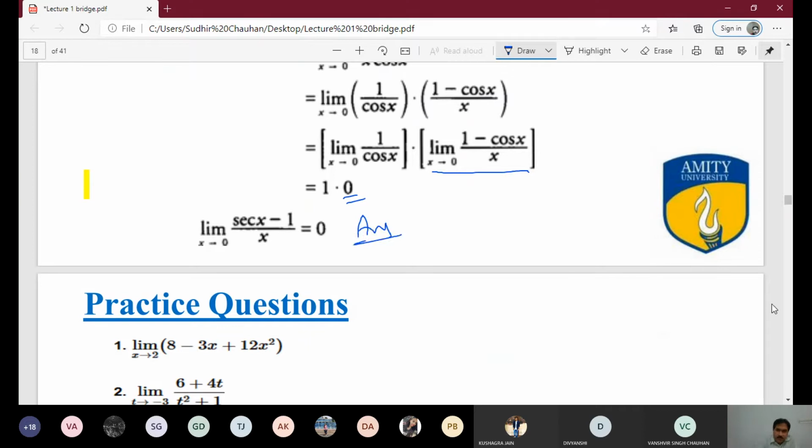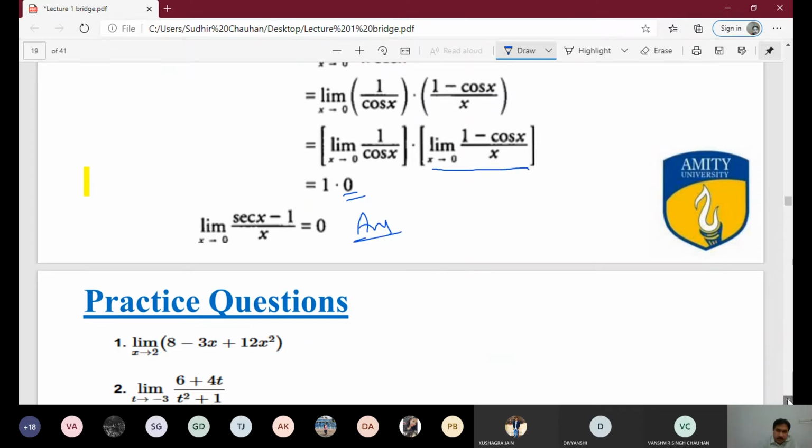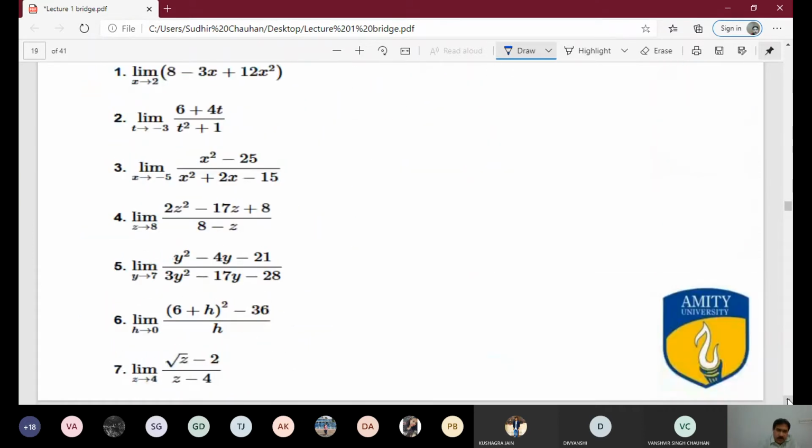So here we have some practice questions. As you can see, the first two are very simple. Then in the third, we can factor, it is (x plus 5)(x minus 5). So in the denominator, we can also get x plus 5, and then we can cancel out the common factor, and then we can evaluate the limit.